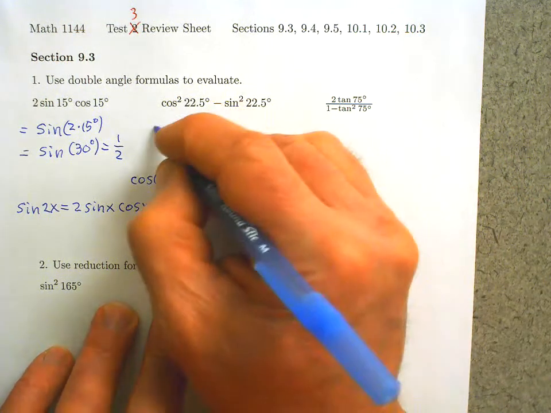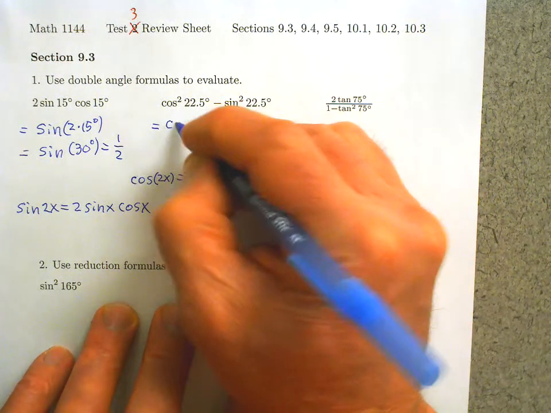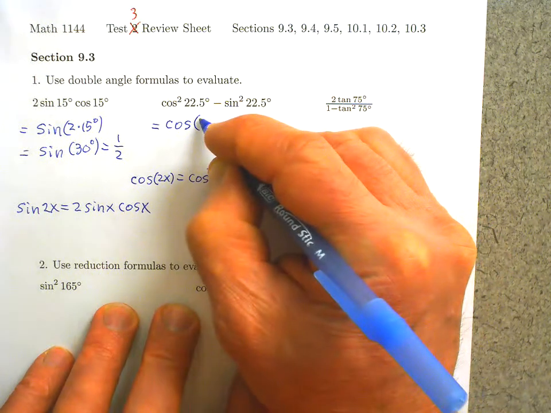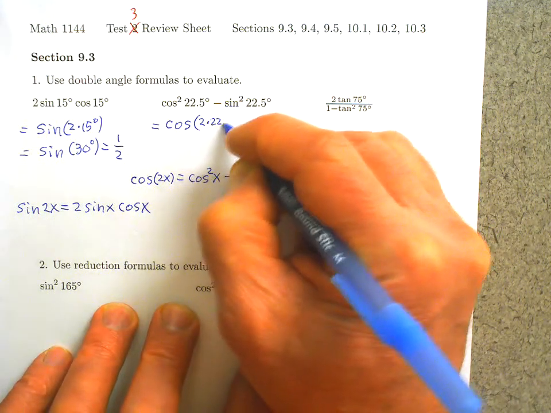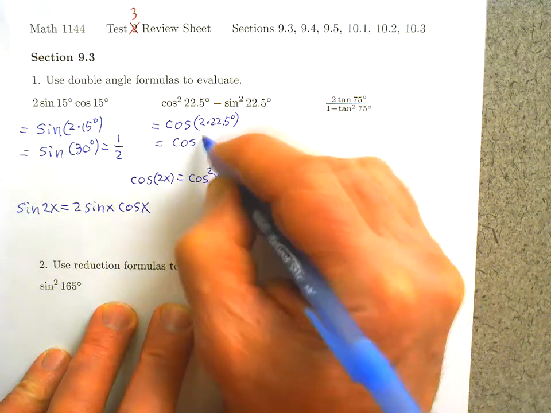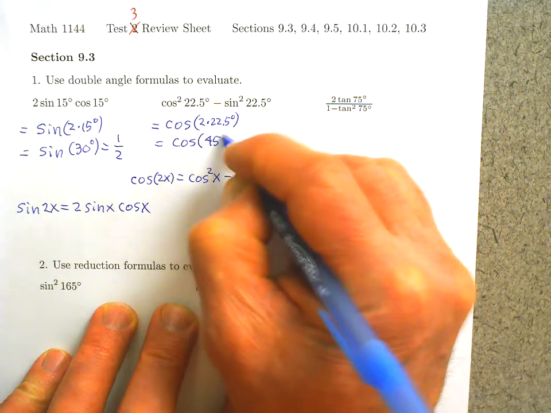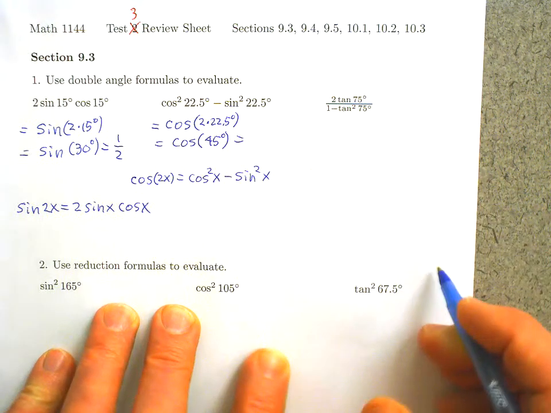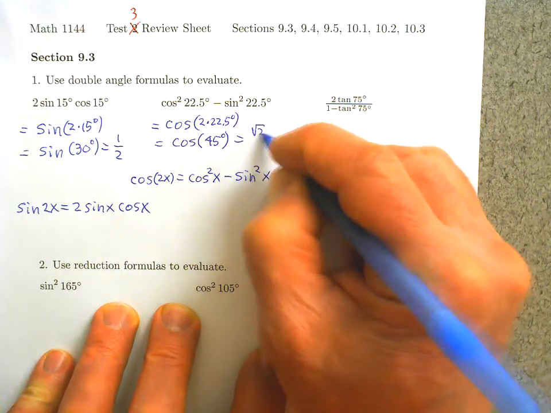So if we evaluate this, this is cosine of 2 times 22.5 degrees, or the cosine of 45 degrees. And the cosine of 45 degrees is the square root of 2 over 2.